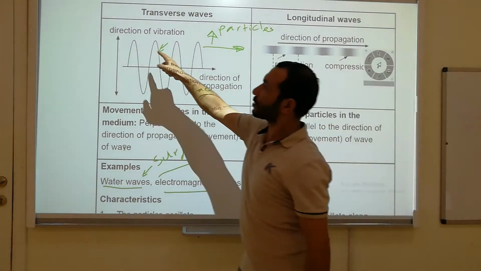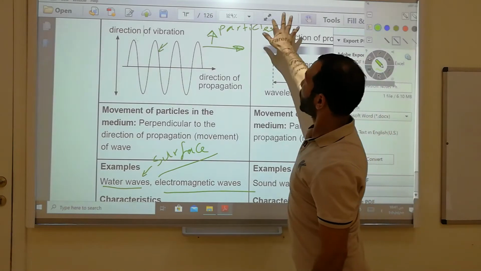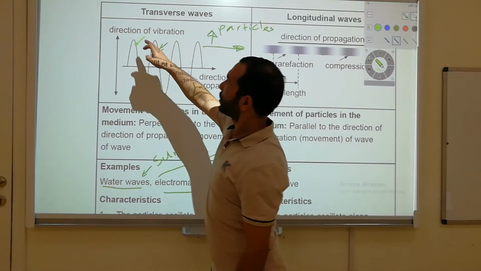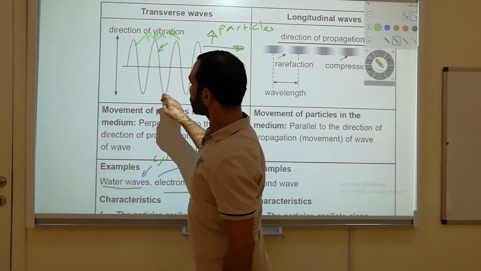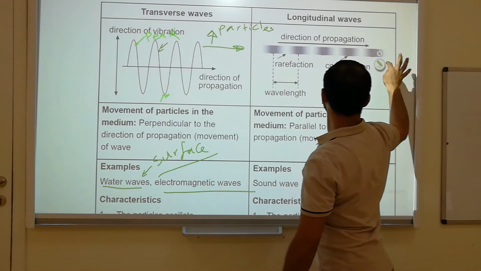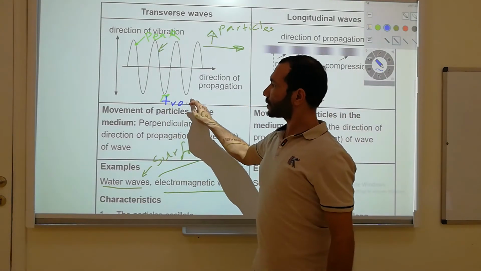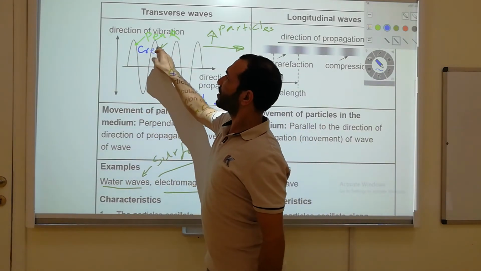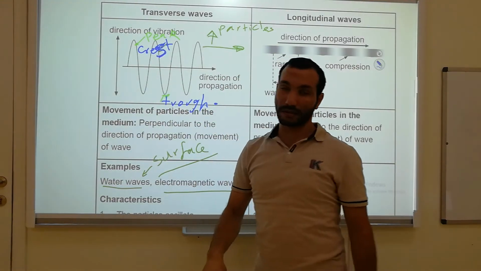It consists of peaks. This is called the peak, the highest point. And the down part is called the trough. In some books they call the peak a crest.